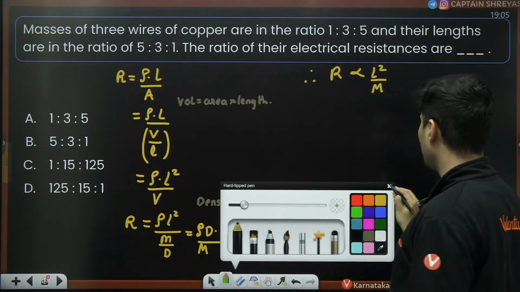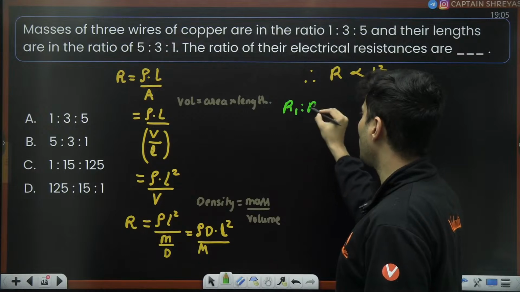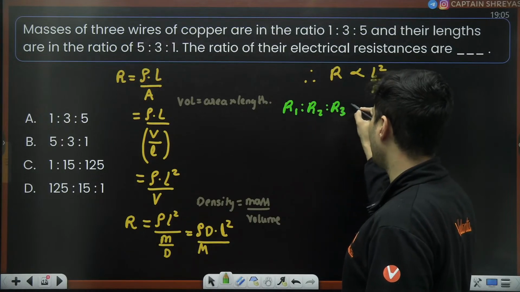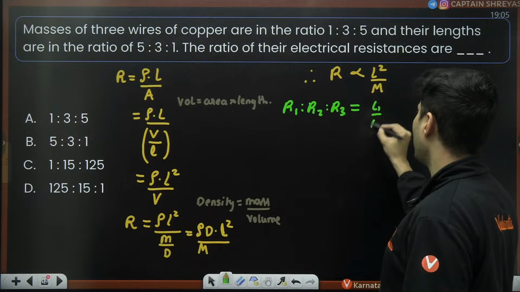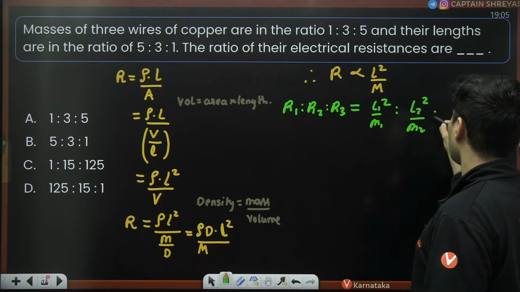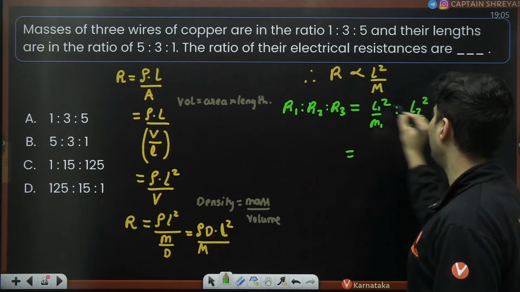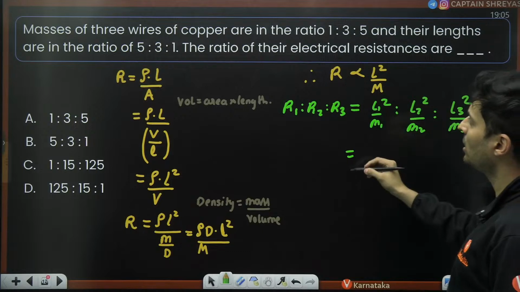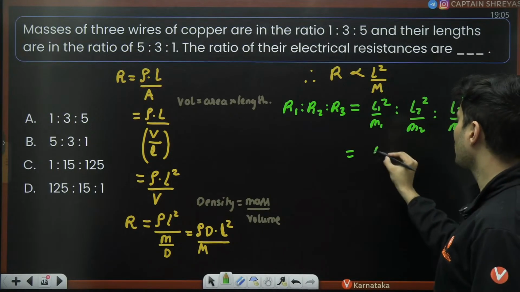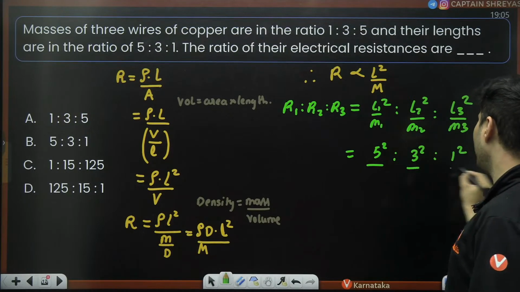So now coming back to the original question, the ratio of the resistances R1 is to R2 is to R3 will be L1 squared by M1, is to L2 squared by M2, is to L3 squared by M3. So we just have to put in the values. The length ratio is 5:3:1, so this will be 5 square, 3 square, 1 square divided by the masses.